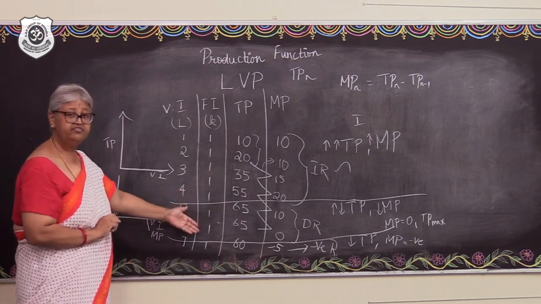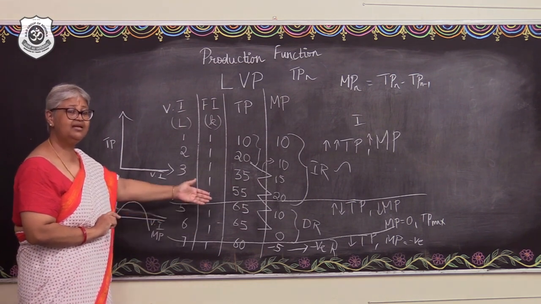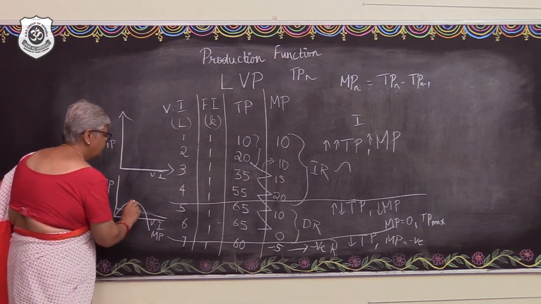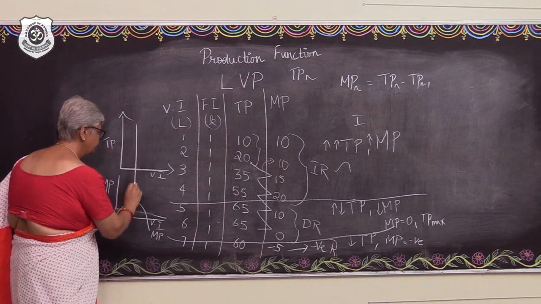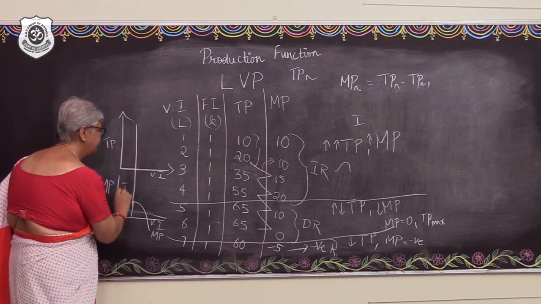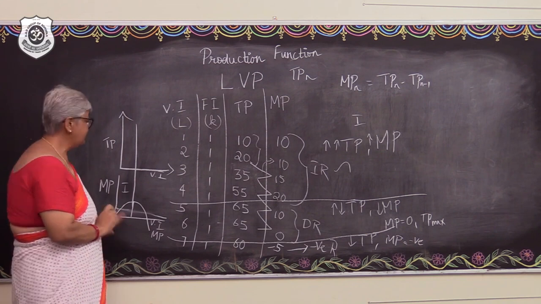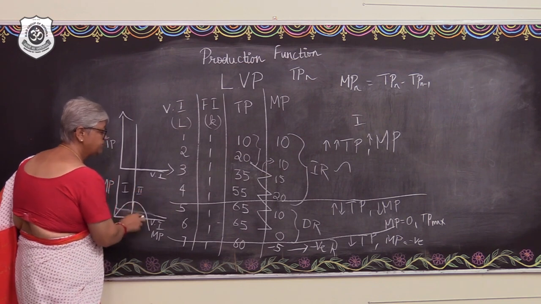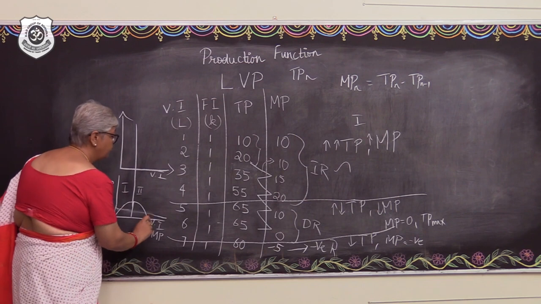I have marked the different phases for you there. The very first phase is where the marginal product is increasing. Show that in your diagram. This is the first phase wherein the marginal product increases, and then the second phase where marginal product starts falling and then becomes 0.